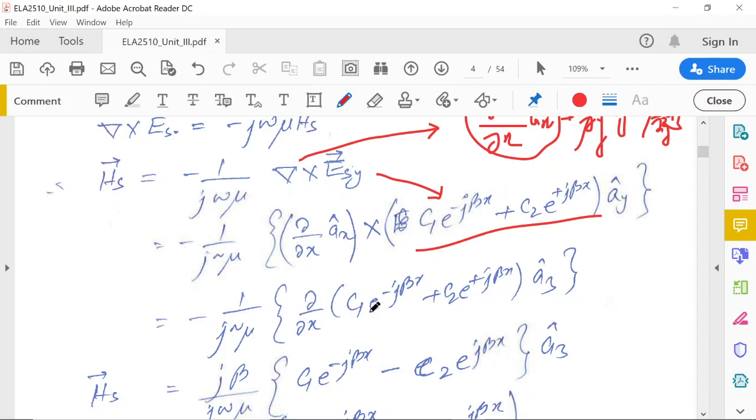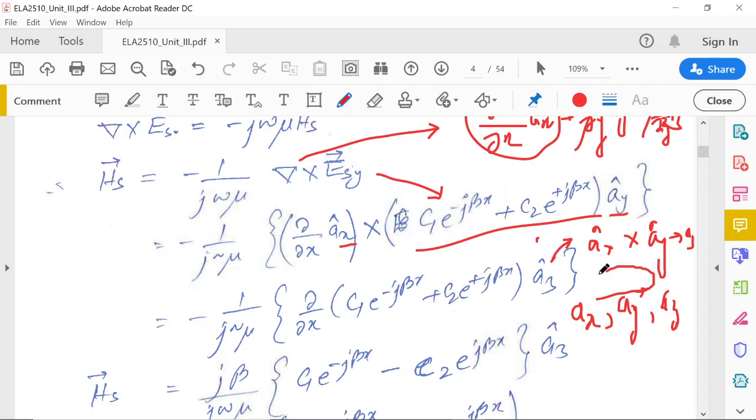So del over del x of C1 times this function, into the curl of ax with ay. You will take ax and ay, and this will give you az. If you have ax, ay, az, then the curl of ax with ay will give you this one.